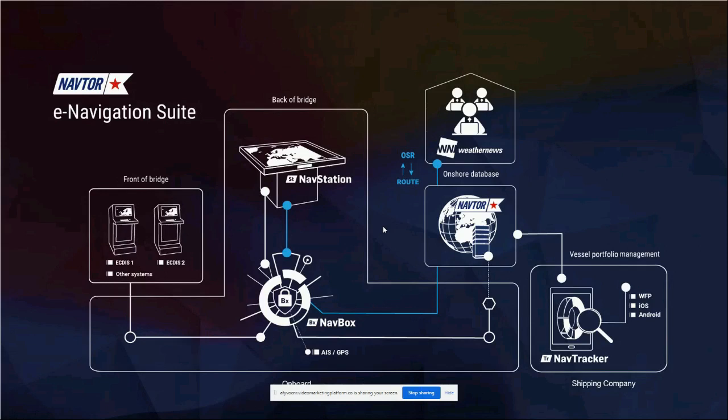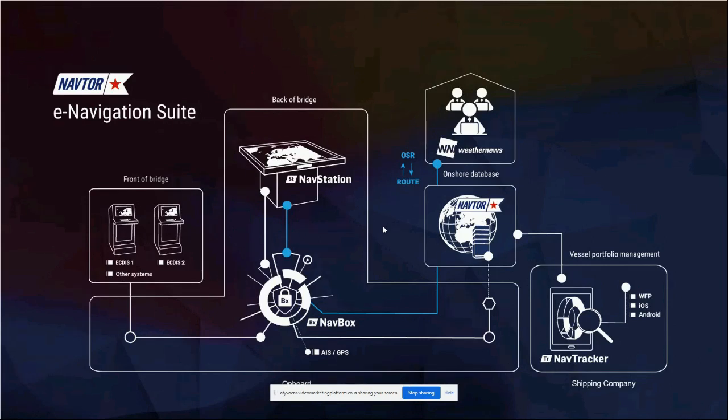That is then pushed out to vessels onto the only sighted equipment we have on board vessels, which is our NavBox. The NavBox seamlessly and automatically combines that data and passes it straight through, in the case of updates, straight through to the ECDIS at front of bridge. But also it passes it to back of bridge, our NavStation.